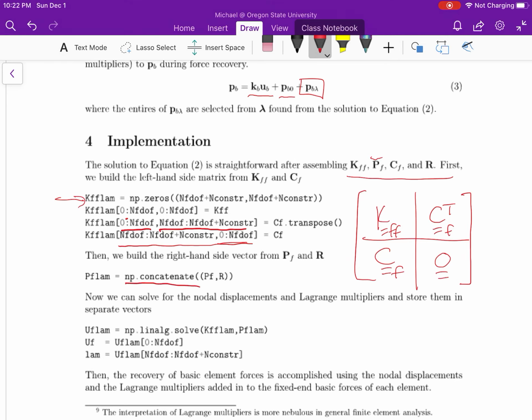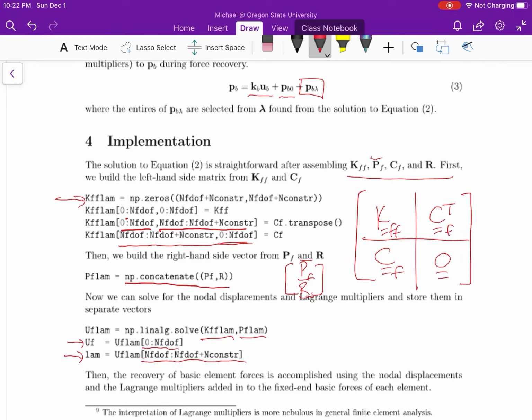Likewise, we can just concatenate our nodal load vector PF and R together to form PF lam. Then we can just solve this matrix against that vector to get our vector of nodal displacements and Lagrange multipliers, and then pull out the nodal displacements from the first NFDOF entries, and the Lagrange multipliers from the trailing entries.